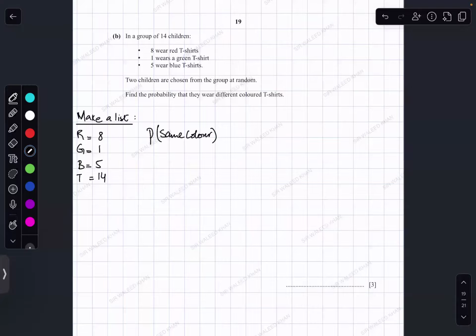Rather than selecting all those, we find the probability of same color. For that, we have limited combinations. How do we do that? The first one chosen at random is red, and the second one chosen at random is also a red. The probability of red and red, or probability of blue and blue, or probability of green and green.